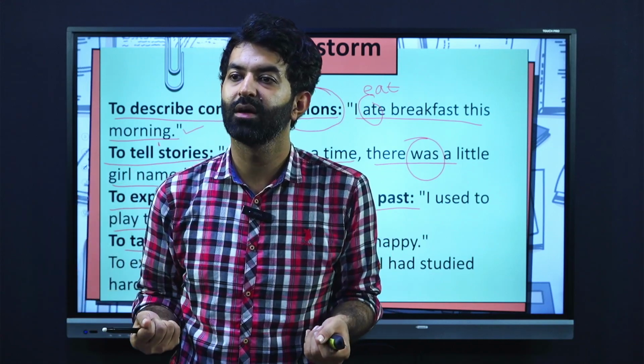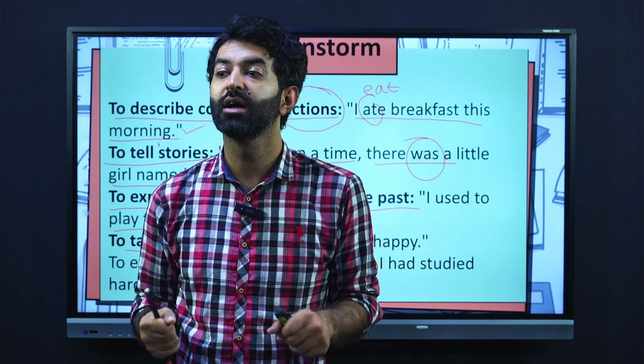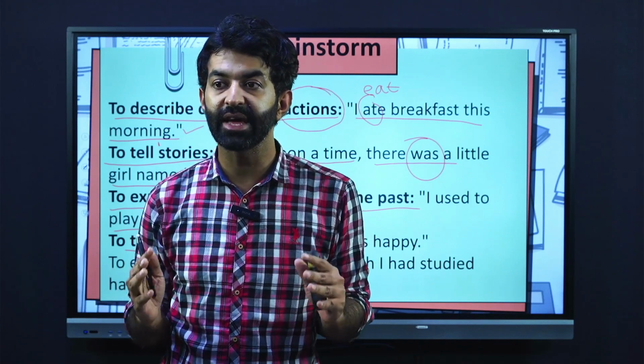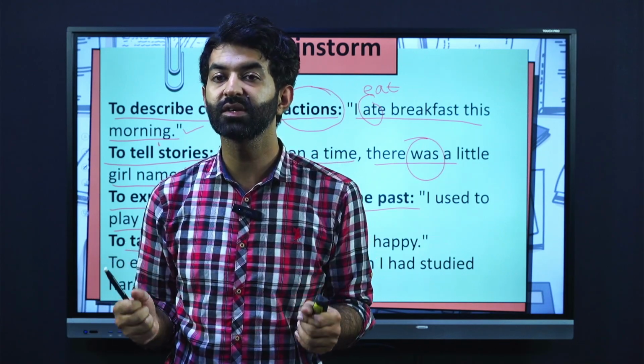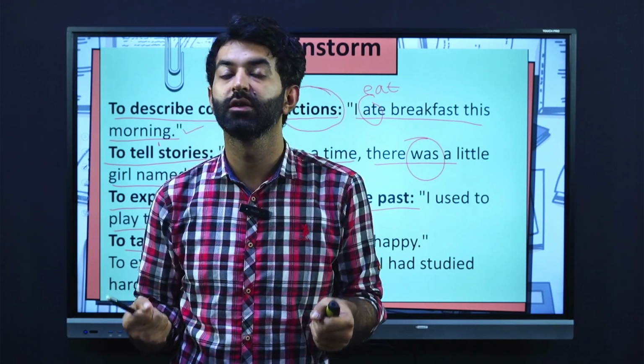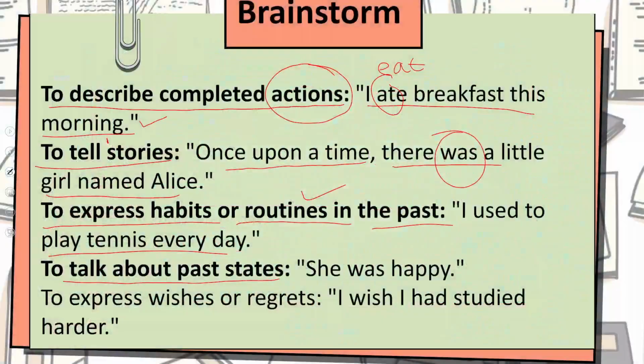You are happy. आप खुश हैं. This is a state of being. Is this an action? No. This is just the state of existence or state of being. So we can say she was happy. वो खुश थी. Was. We are talking about the past.